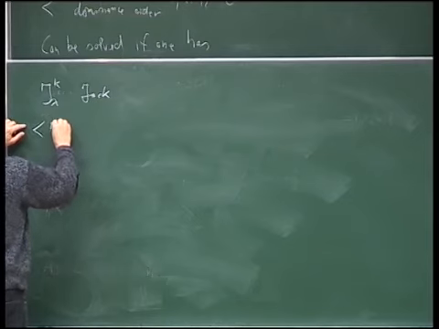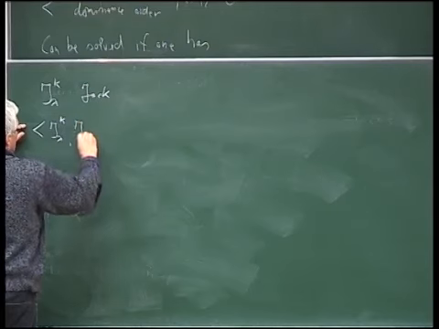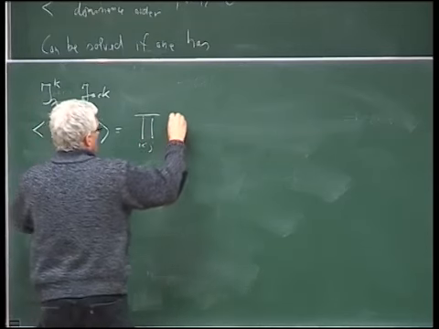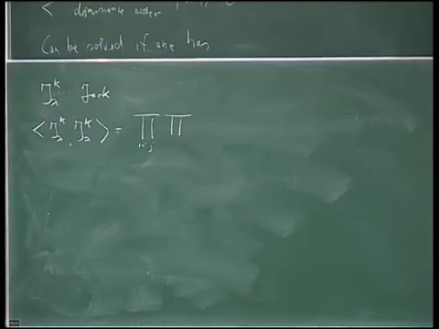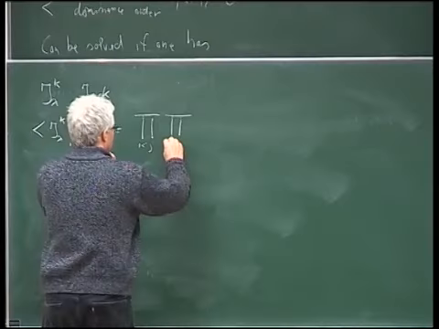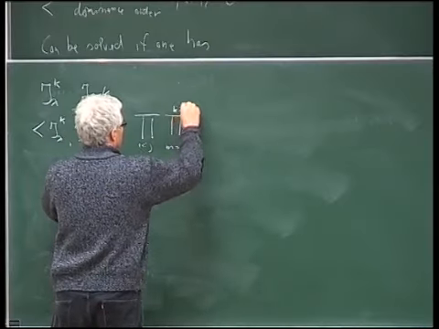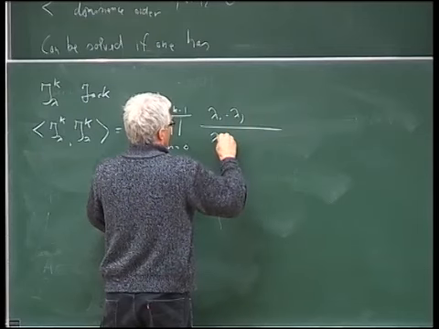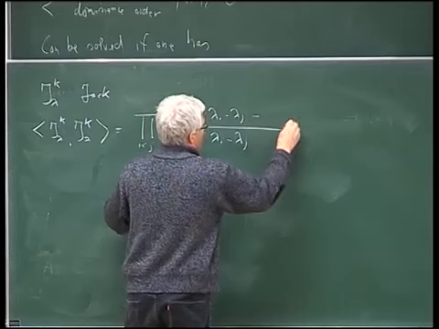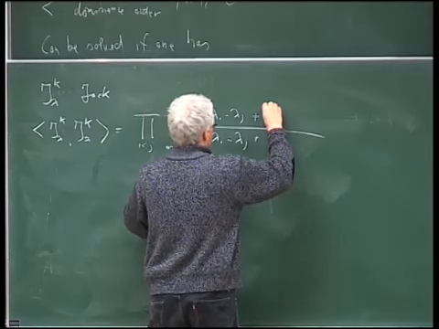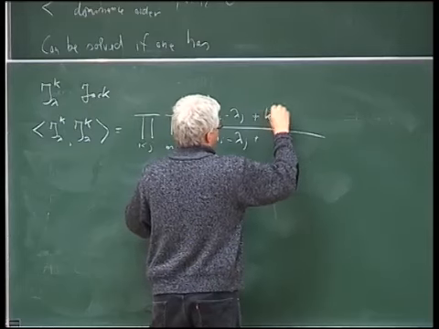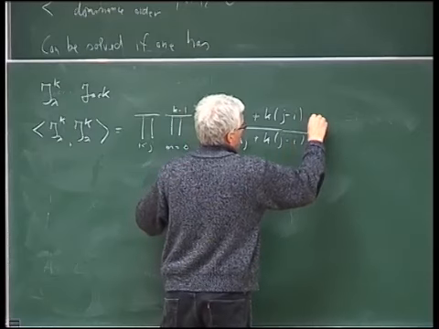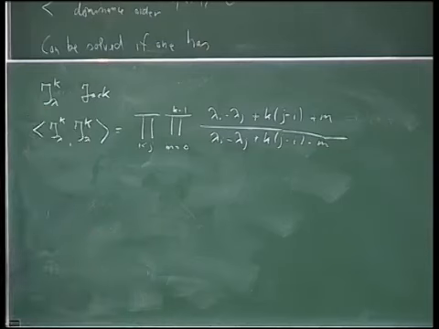So the norm of this is an expression like this: product over i less than j, of (λ_i − λ_j − k(i − j) + m) over (λ_i − λ_j + k(j − i) + m − m). This is just the formula.